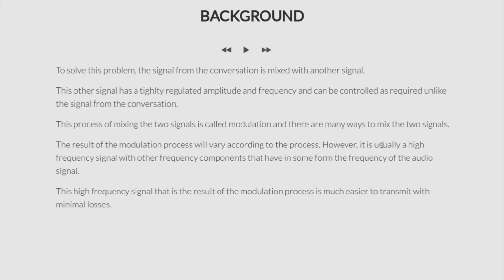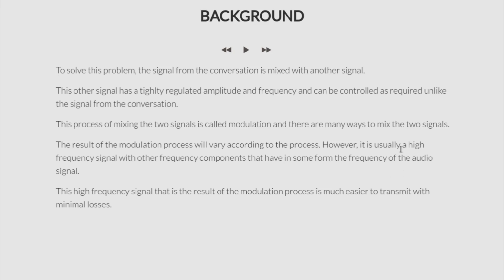The result of this modulation process is usually a high frequency signal. And this high frequency signal will have several frequency components. And somewhere in those frequency components will be the audio signal, right? Again, I'm only going into the basic, abstract concept. I'm not talking about the details yet. The details will come very soon.